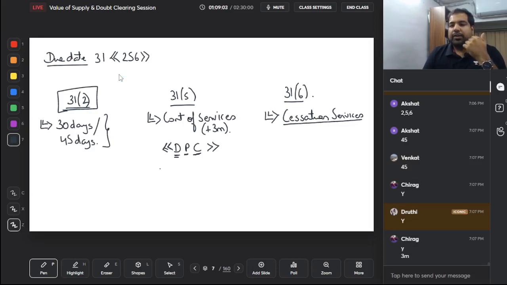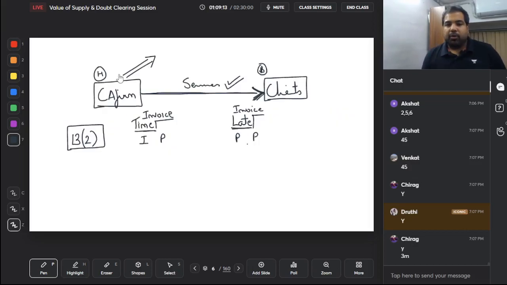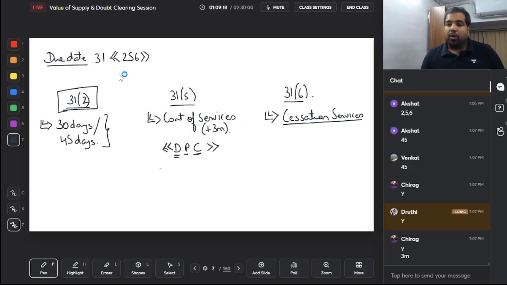No. So they say, in case of cessation of services, you should issue the invoice at least by the date of cessation. Example, if your client says, listen, CA firm, we don't like your services, we want to end on 15th of August, then maximum by 15th of August, you should have issued the invoice.